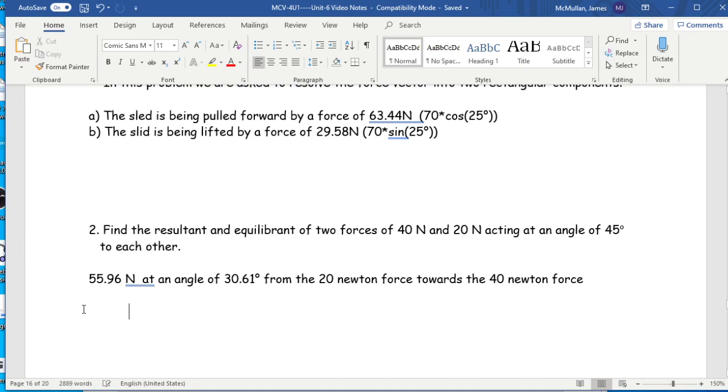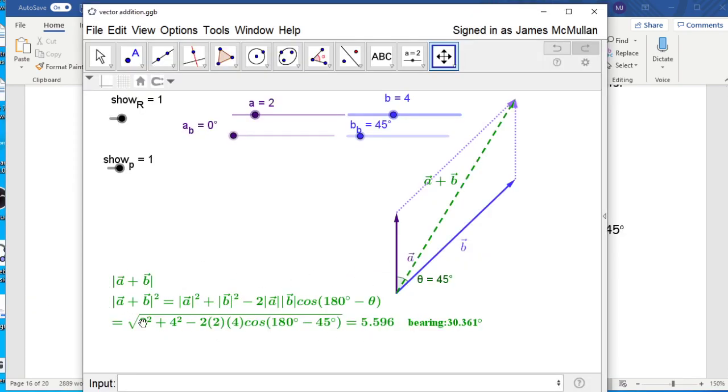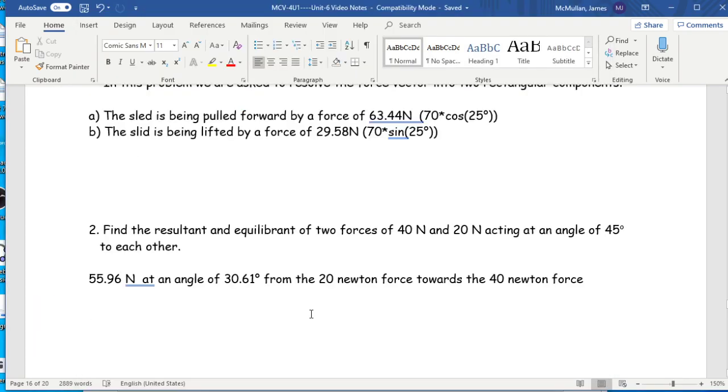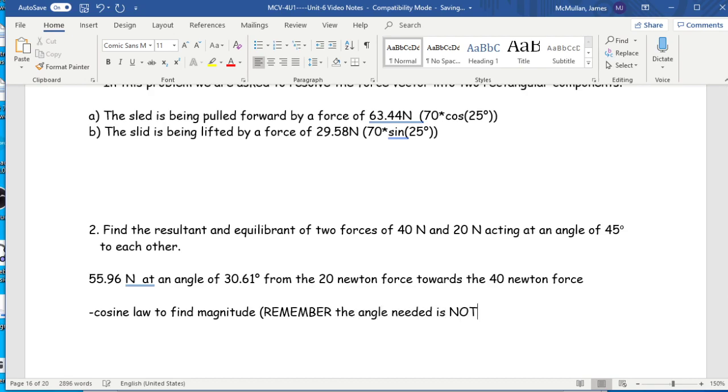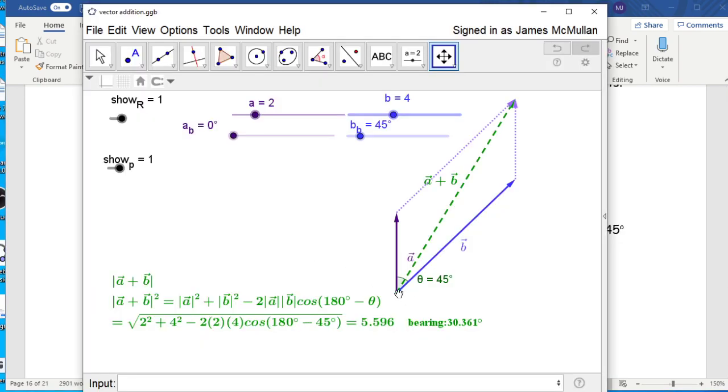Again, how to do that one, the applet kind of shows you, but you're going to be doing a cosine law. So let's remind ourselves, cosine law to find magnitude. And then remember, the angle needed is not 45 degrees. 45 degrees is the angle that the two vectors make when they're tail to tail.